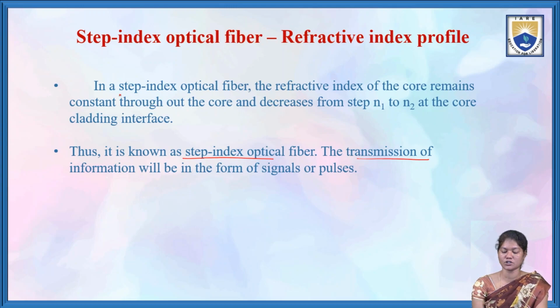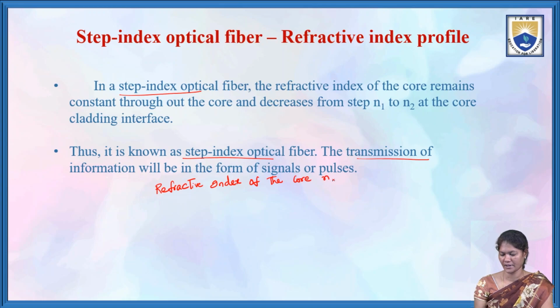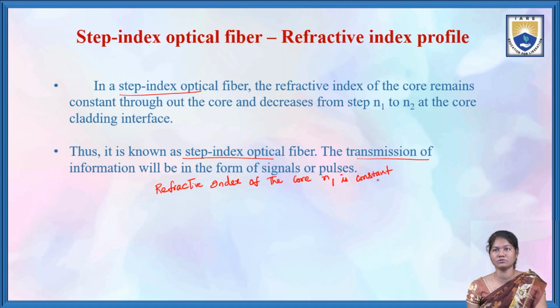So here in step index optical fiber, the refractive index of the core is N1. N1 remains constant and it decreases from N1 to N2 at the core and cladding interface.